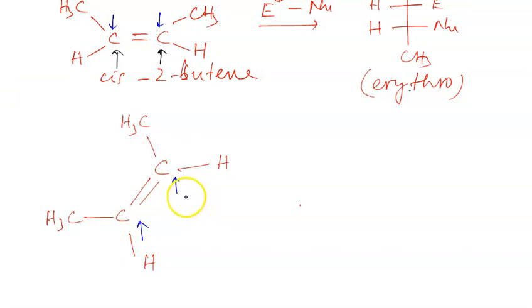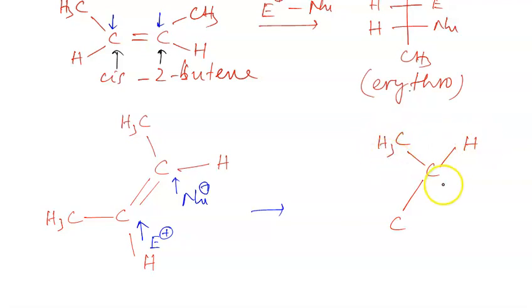If addition takes place, the electrophile will add here and the nucleophilic part will add here. Then the double bond will become a single bond. As it is, you keep here CH3 and this will become the nucleophile, and here also CH3, and this is H and this is the electrophile.